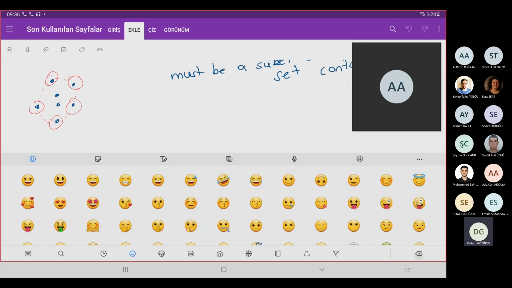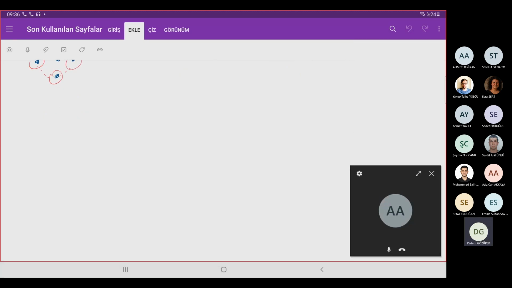I don't know how to get rid of this. Anyway. So you see OneNote, right? I shared my screen. Do you see it? Yes, we can see. So. Okay.